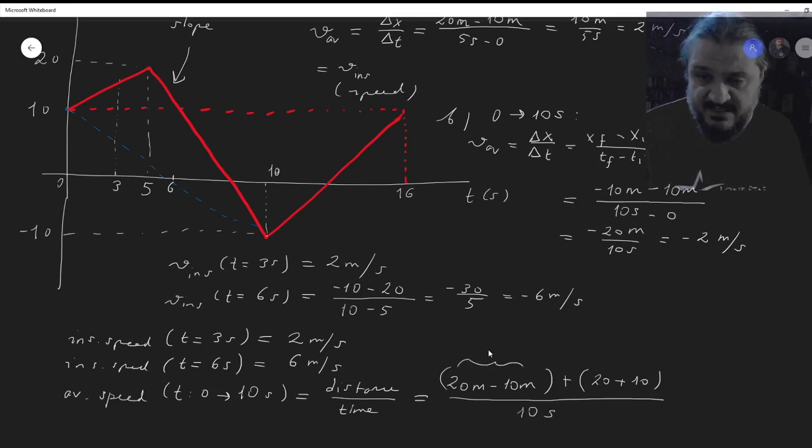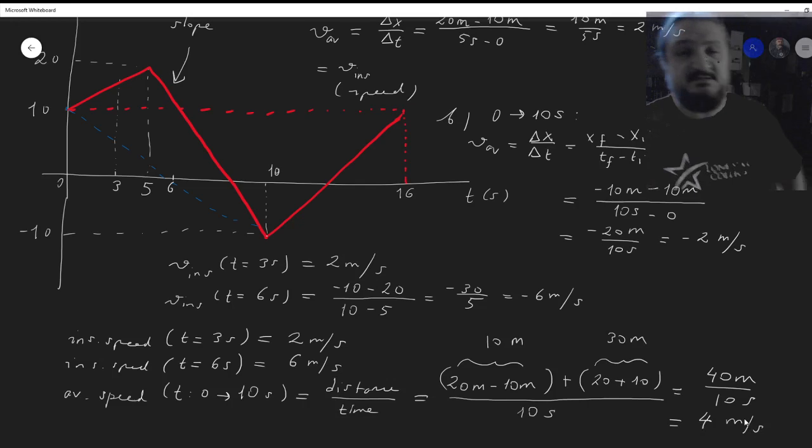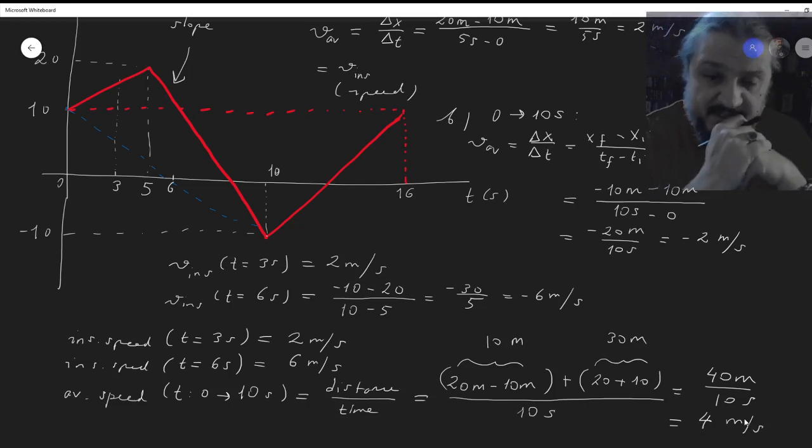So this is 10 meters in one direction and 30 meters in the other direction. In total, 40 meters over 10 seconds. This gives us 4 meters per second. That's the average speed.